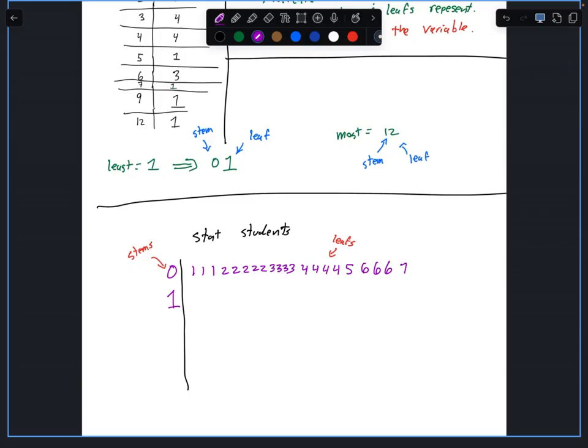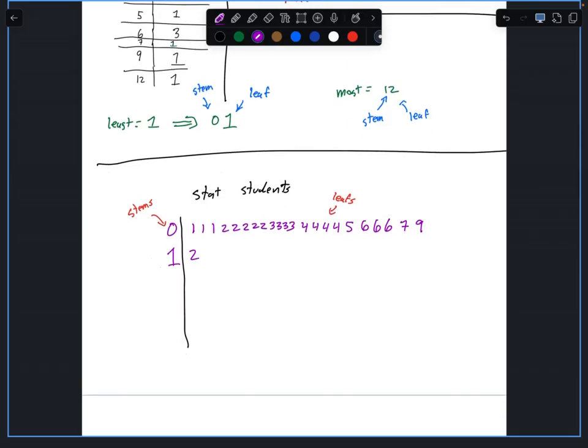How many students had 7 siblings? 1. My next number? 9. How many students had 9 siblings? 1 single 9. Did anybody have 8 siblings? No. And then 12, where does that go? It goes on the next one.